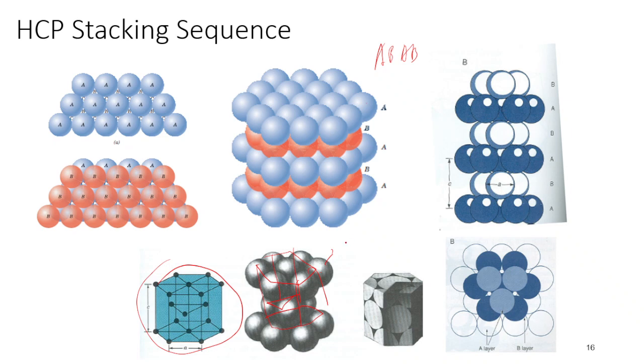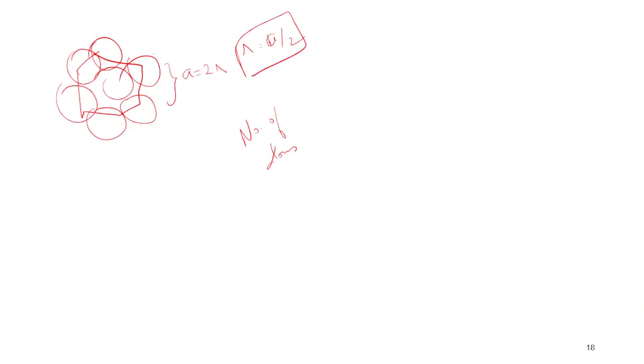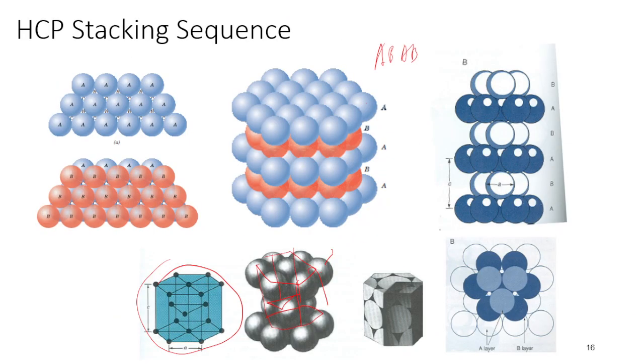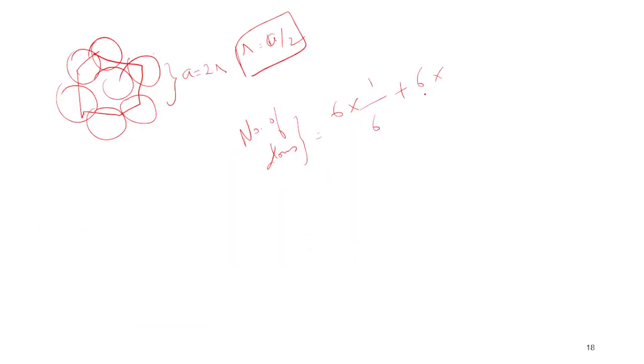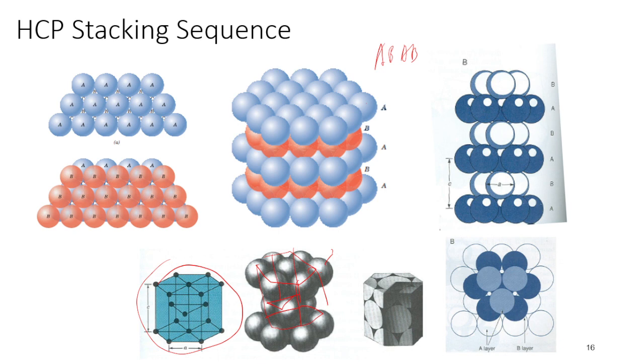So we will have 6 top corner atoms shared by 6 other unit cells. Then we have 6 other at the bottom, right? There are 6 in the bottom, no? So 6 atoms in the bottom, which are shared by another 6 unit cells, plus we have 2 atoms at the faces, right? One over here and one in the bottom. They will be shared by 2 unit cells.